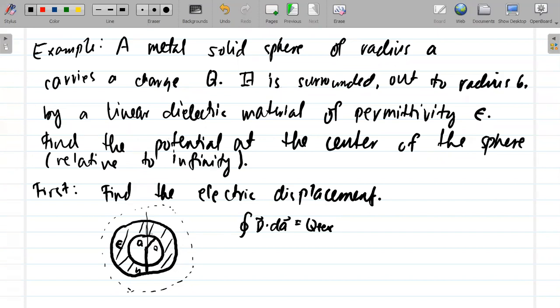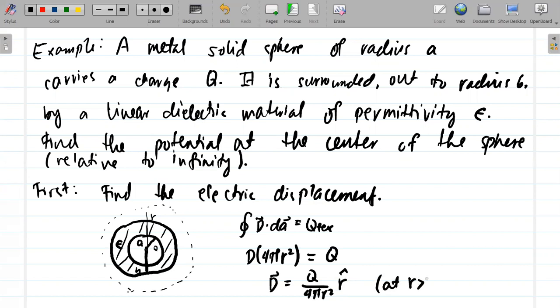So, di ba, mag-Gauss's law lang tayo. Therefore, D times 4 pi r squared, yung area ng sphere natin, is equal to, ano class yung enclosed charge nitong Gaussian surface? Lahat, di ba? So, Q. So, bale, D equals Q over 4 pi r squared. Ang direction nito ay r hat. Take note, this is at r greater than b.